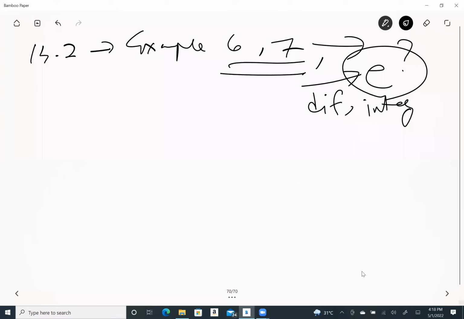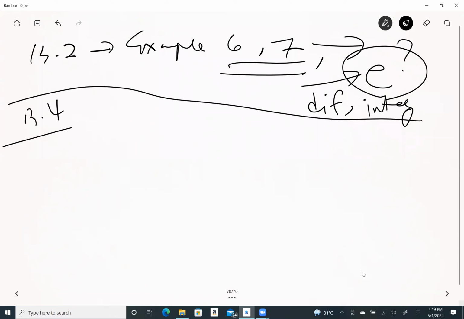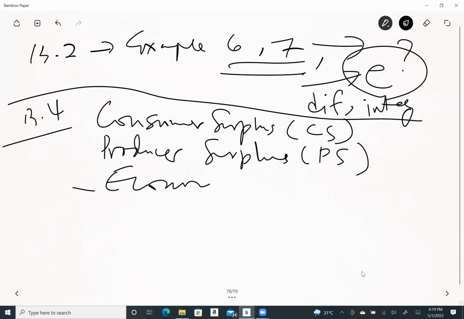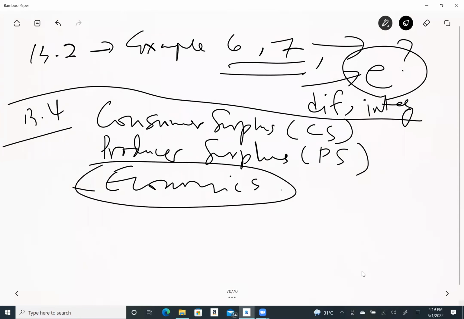The application that I would like to look at in 13.4 is consumer surplus, CS, and producer surplus, PS. Again, this is an economics application. If you are doing economics, this is very relevant to you because it's an important concept in economics.